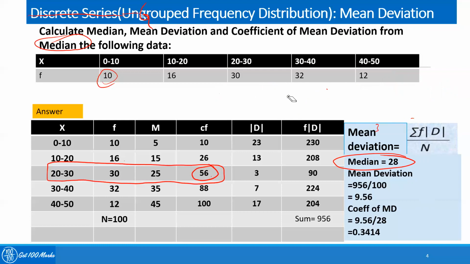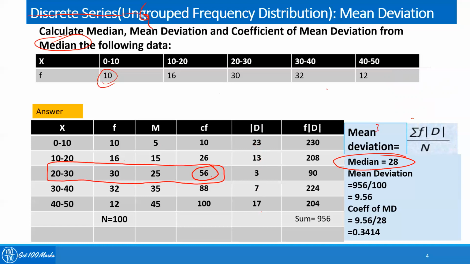Now we have to make the next column, which is mod of D. Mod of D means each mean value we have to subtract from the median. Median is 28. So 5 minus 28 will come minus 23. I'll take the mod value, which is 23. 15 minus 28 is negative 13, which is mod value again 13.